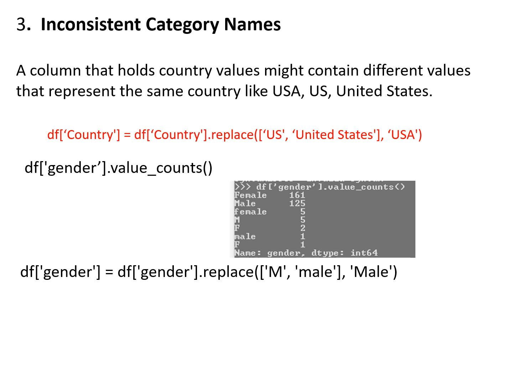Let's say that we want all genders to be either male with a capital M or female with a capital F. So we would see the problems and then change those. So capital M and then male with a small m, those need to be changed. So we would put those into the replace method and then say that we want to replace those with male with a capital M.